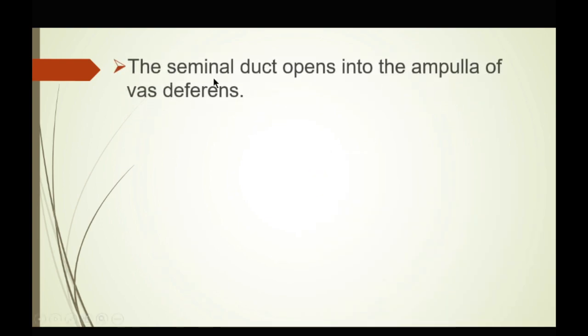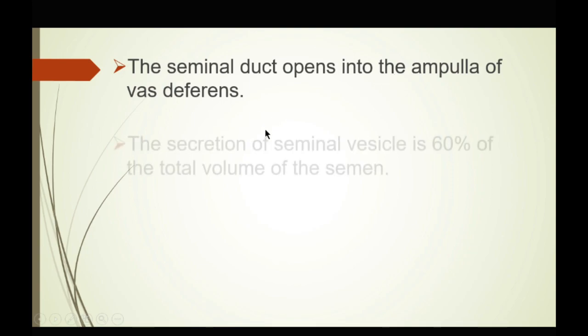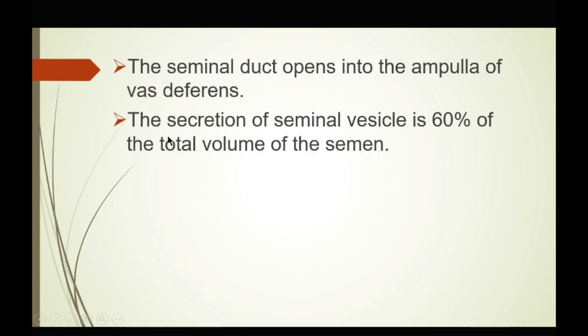We have already seen that the seminal duct opens into the ampulla of the vas deferens, and the seminal vesicle secretes the seminal fluid. That seminal fluid constitutes about 60% of the total volume of the semen. Suppose this container contains about 100 ml of semen.